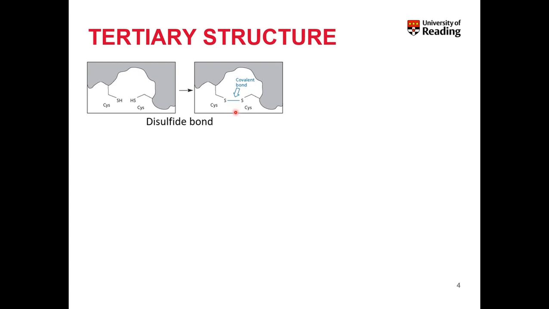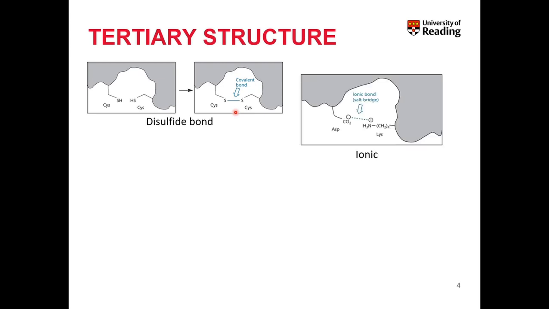And this really does help to determine the structure of the protein. Now, we can also have ionic bonds between oppositely charged amino acid side chains. These are ionic in nature, but they're also called salt bridges. So you may see that term in the literature.